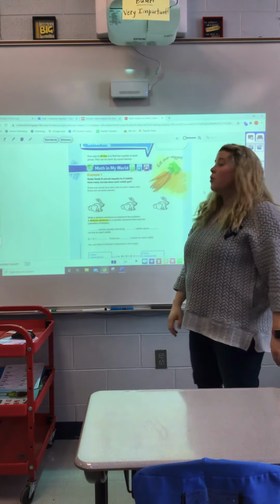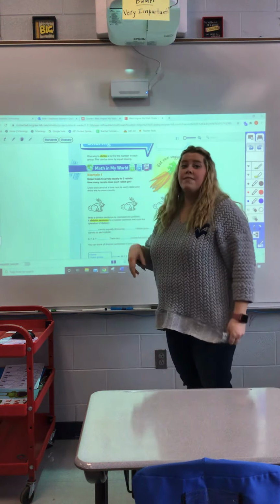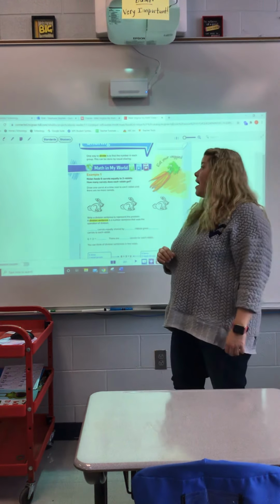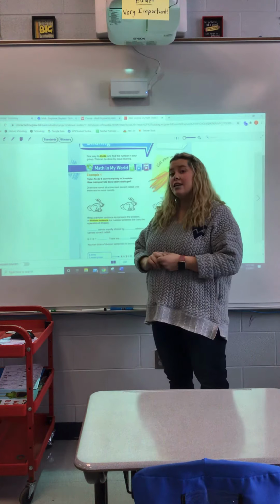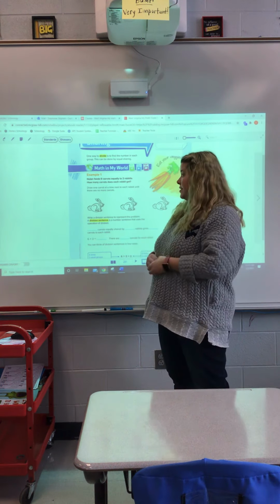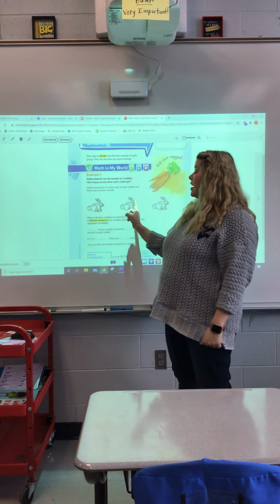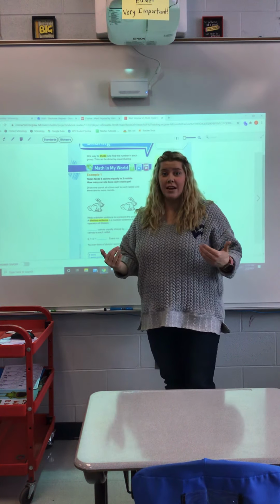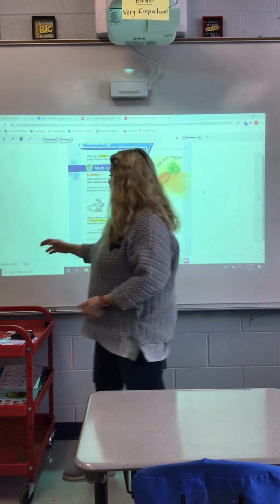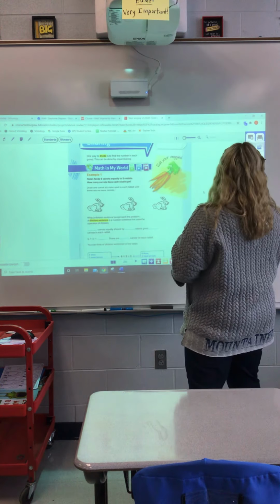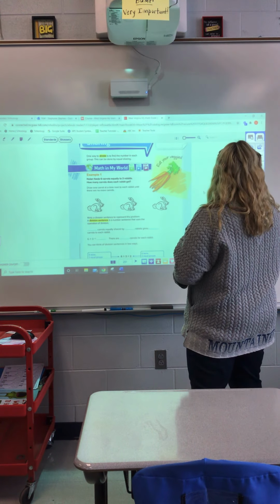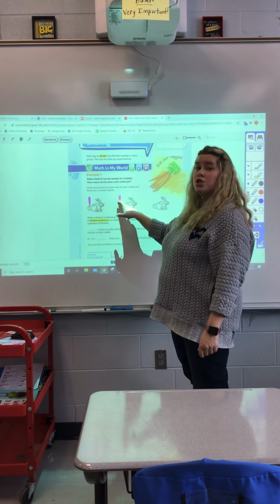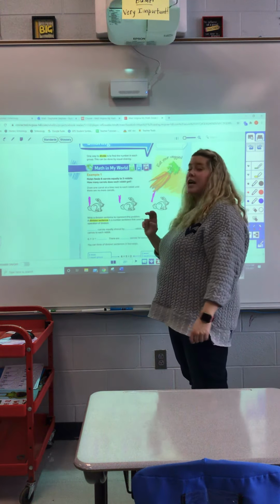Let's look at example number 1. Nolan feeds 6 carrots equally to 3 rabbits. How many carrots does each rabbit get? So we're going to draw 1 carrot at a time next to each rabbit until there are no more carrots. So we're going to count to 6, okay? All right, so 1, 2, 3.